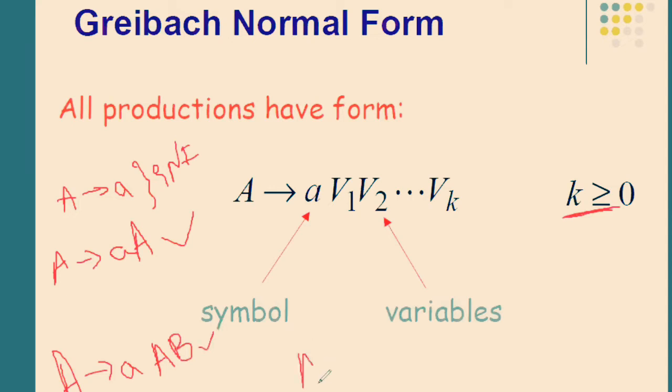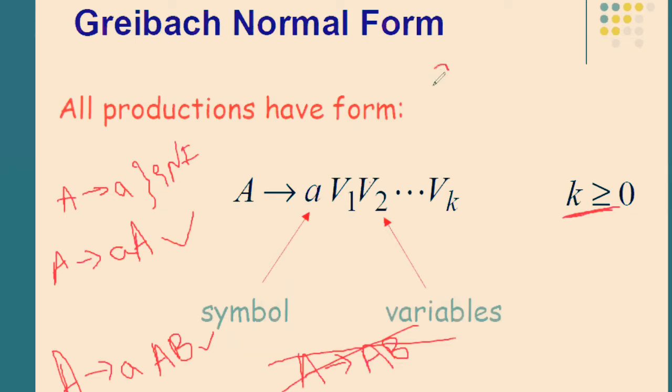And suppose I write A tends to capital AB, is it in Greibach normal form? No. This will not be in Greibach normal form. So we have to convert such statements into their equivalent Greibach normal form.